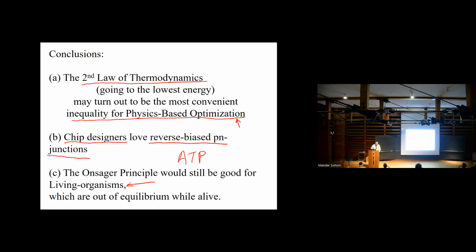From the beginning to end of life, the organism is out of equilibrium with the world. It has an internal battery, if you like, the ATP, and so it's like a power supply. And so, in that sense, the Onsager principle would seem to be more applicable to living things.